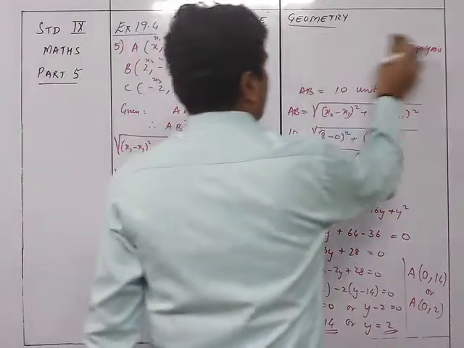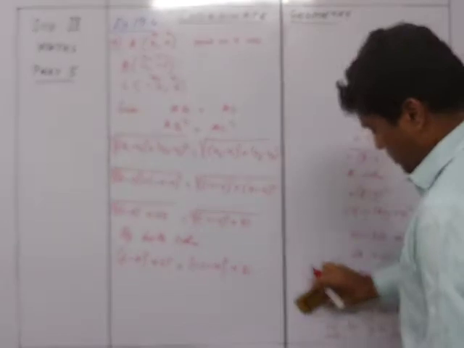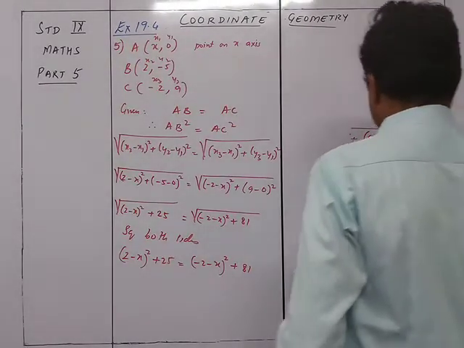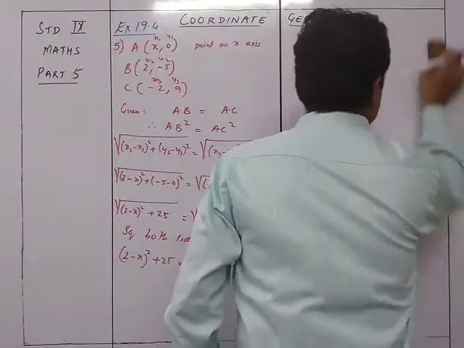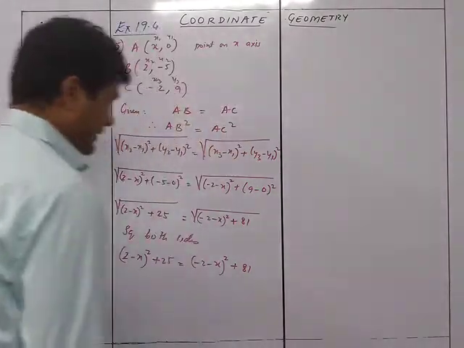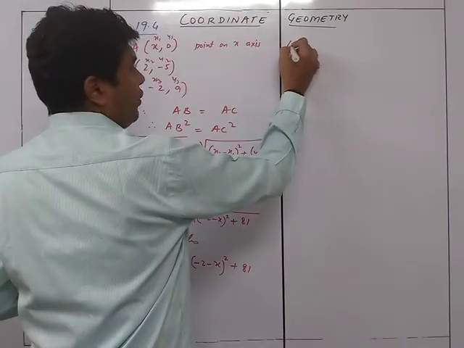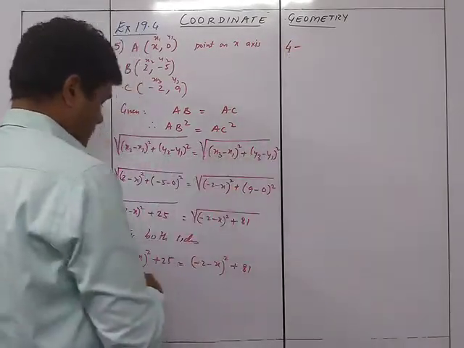So now you need to expand the brackets. In expanding the brackets, what we get is 4 minus 4x.